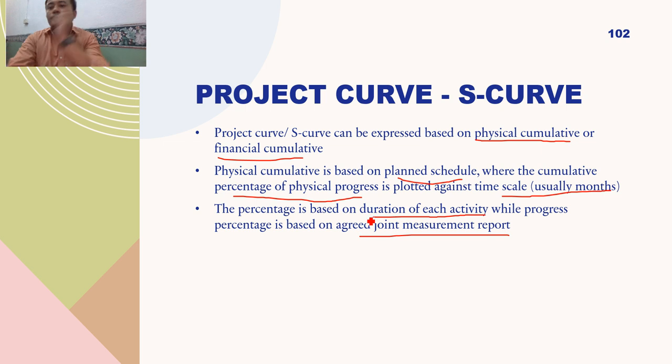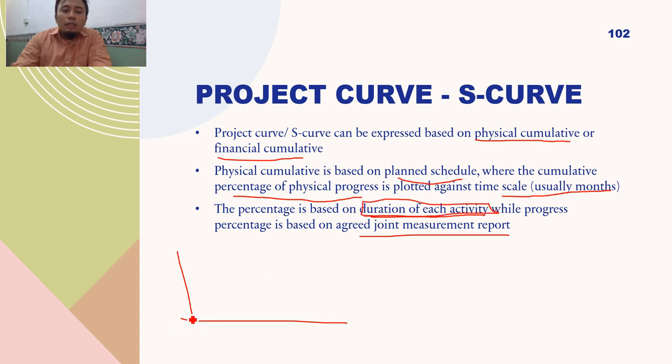So first you plot your S curve. Previously in the lab session, we plotted the S curve based on financial. So we can also plot based on the duration, as said here, the cumulative percentage of duration of each activity. Say this is physical S curve.